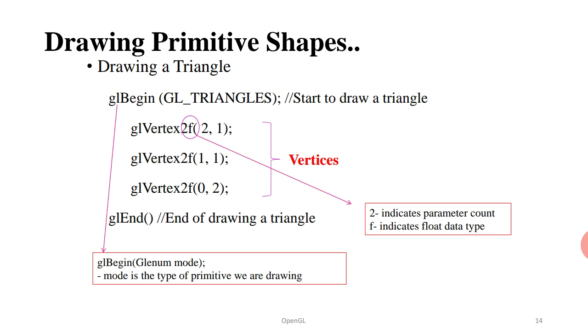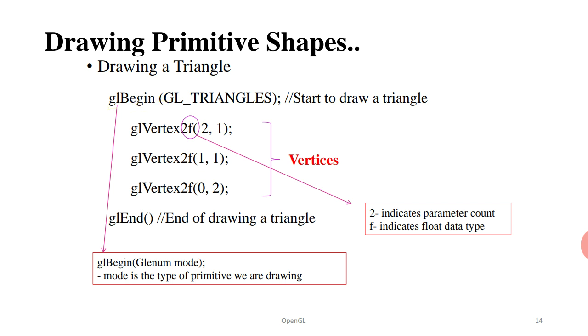So glVertex2f is called, where 2 indicates there are 2 parameters, and f indicates float data type is used. So first vertex is 2, 1, second vertex is 1, 1, and third vertex is 0, 2. After drawing all the 3 vertices, you will call the glEnd function that indicates end of drawing a triangle.